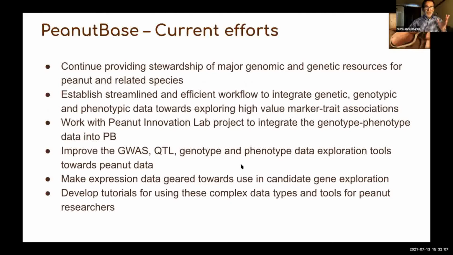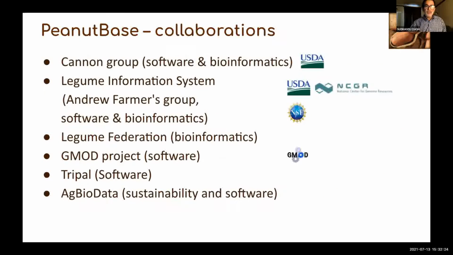And most of our emphasis will be providing the stewardship of the genomes, new genomes that would be coming, and an efficient, streamlined workflow to integrate the genetic and the genomic data, and particularly to link these features.